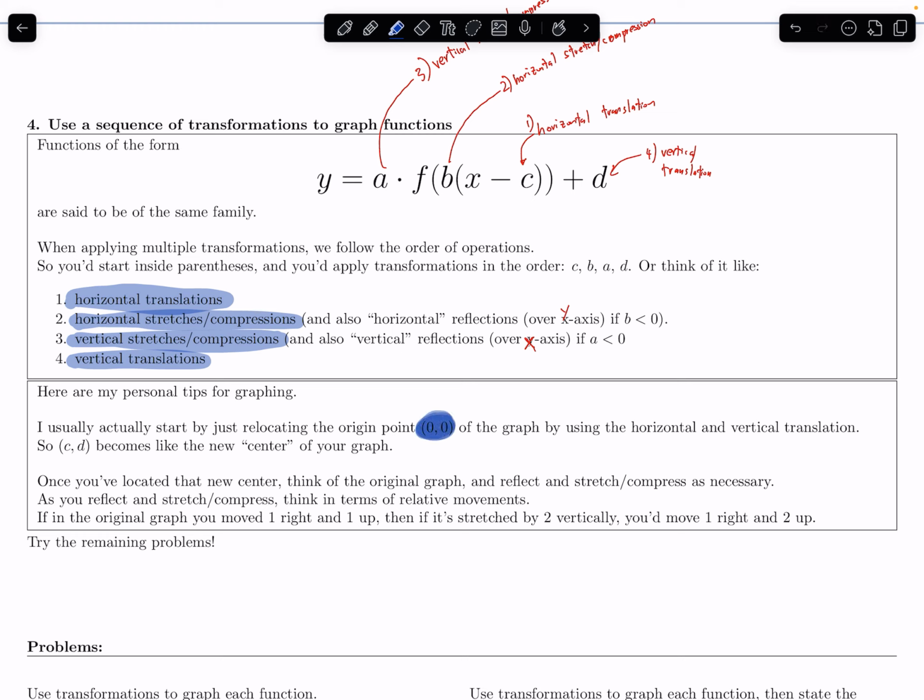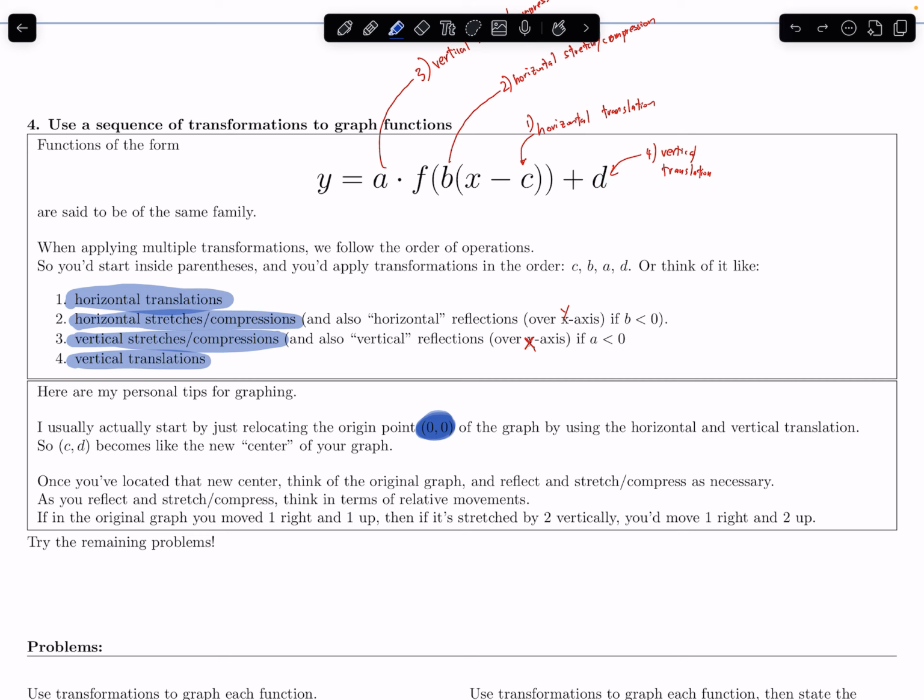Because if you plug in something that makes it 0 on the inside, like if x is c, then this part inside becomes 0, right? And then you have b times 0, so that b is gone. It's just 0. And then after that, it's stretched, yes, but then that starting position is going to go straight to plus d, whether it's stretched or not. And so you're going to find the origin point moves exactly to the point c comma d.